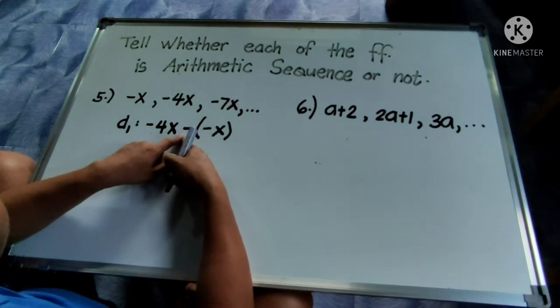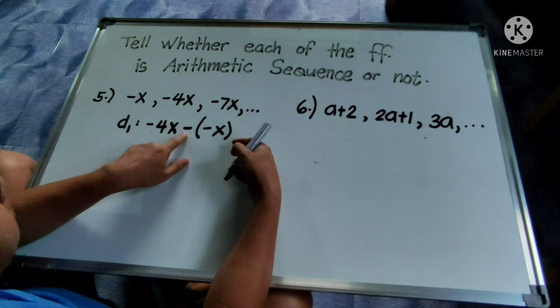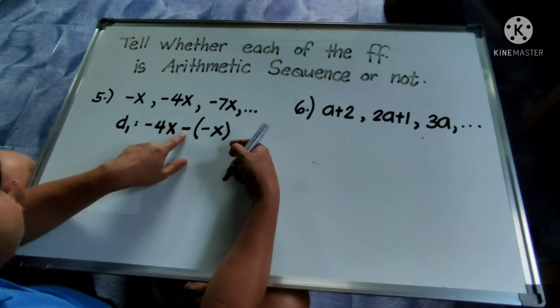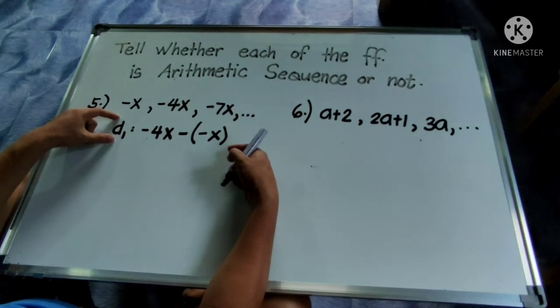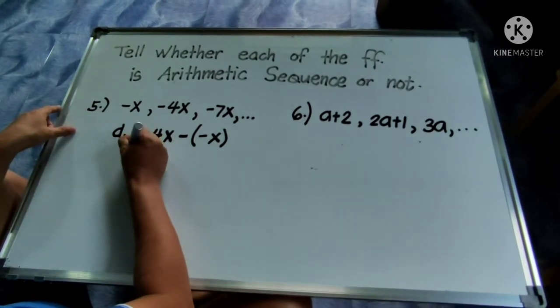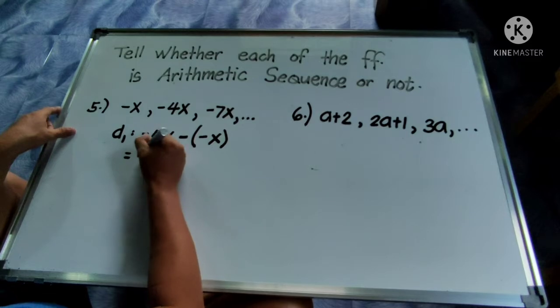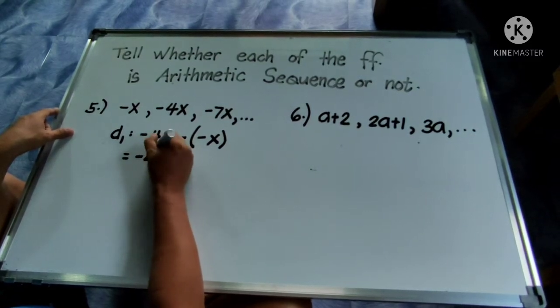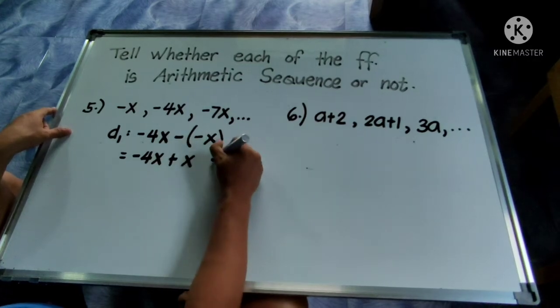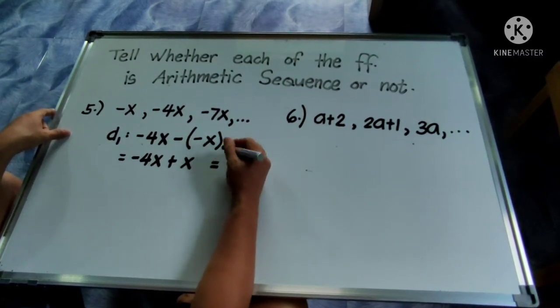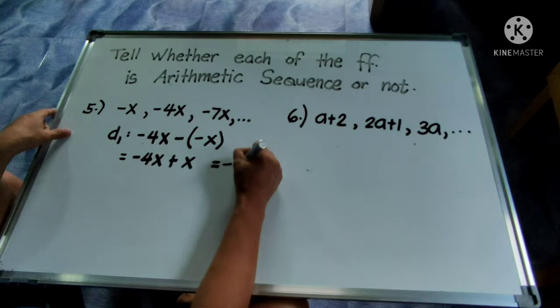This is to emphasize that this sign here is the subtraction operation for difference. Okay? So if you're going to continue this, this will become negative 4x plus x. And negative 4x plus x is equal to negative 3x.